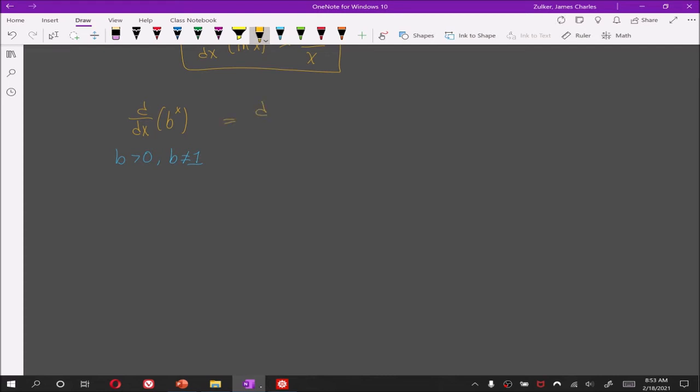Well, let's rewrite this as the derivative of e to the natural log of b to the x. Then we can write this as e to the x times the natural log of b. And now we can go ahead and take its derivative. Well, the derivative of e to the x is e to the x, right? So we're going to have e to the x times natural log of b. Then the chain rule dictates we have to take the derivative of x times log of b.